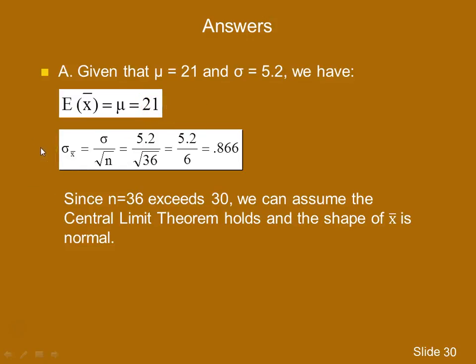Sigma x bar, the standard error of the mean, is sigma over the square root of n, which would be 5.2 over the square root of 36, which turns out to be 0.866. And what do we know about the shape? Well, with n of 36 exceeding 30, we can apply the central limit theorem and assume the distribution is normal.